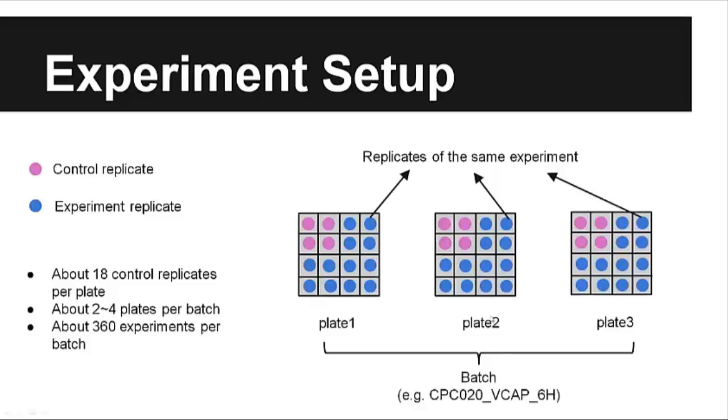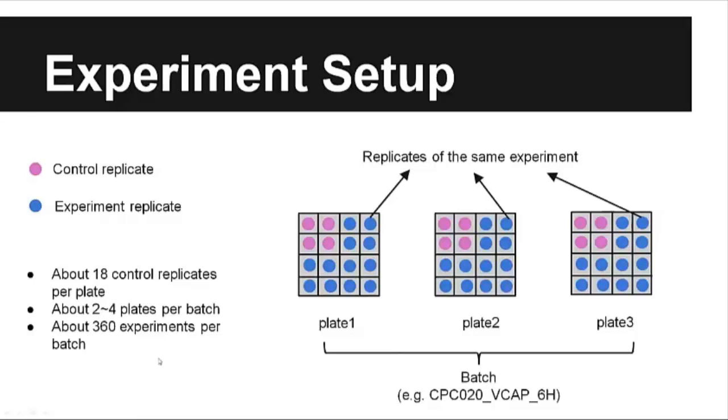For one experiment, it will have the same number of replicates as the number of plates. And the replicates of the same experiment will be placed in the same well of each plate. So for example, this is the replicate in plate 1 for the experiment, this is the second replicate, and this is the third replicate for the same experiment.